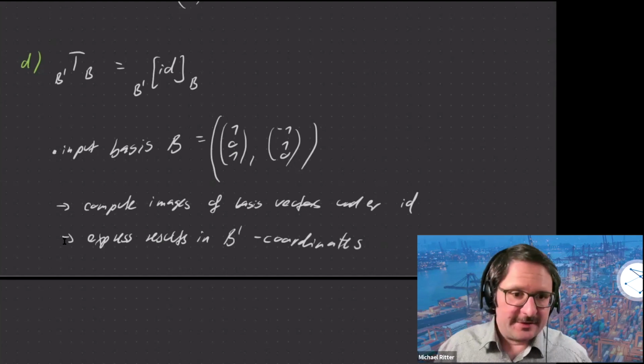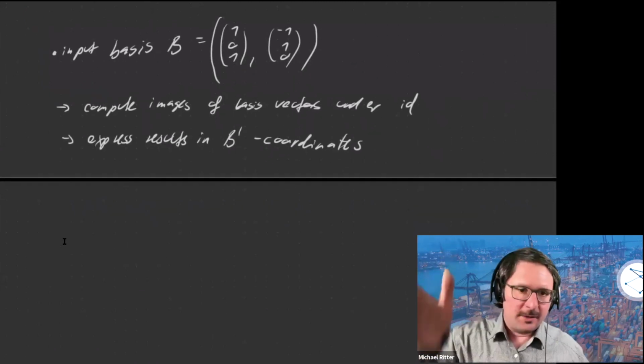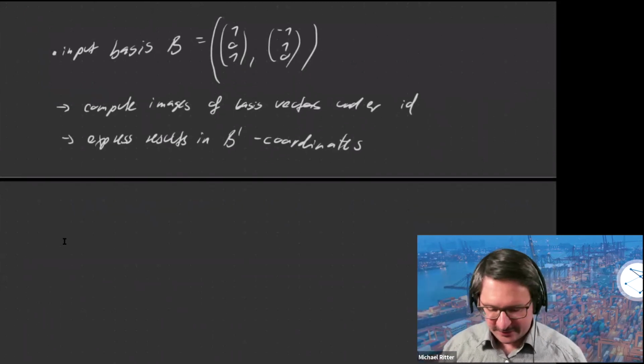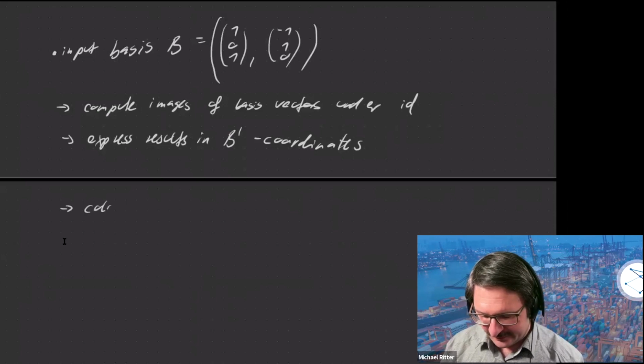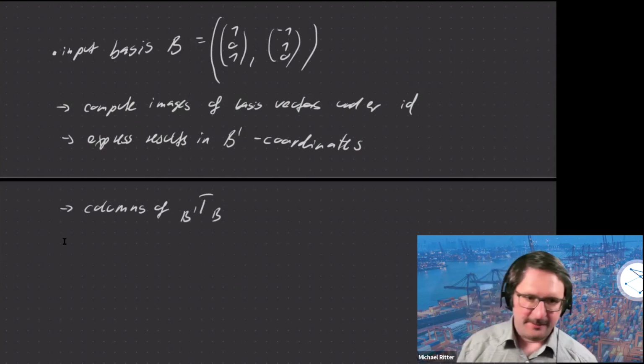Each of these input basis vectors then gives us one column of the matrix that we're looking for. So this will yield the columns of our desired matrix, T B B prime.